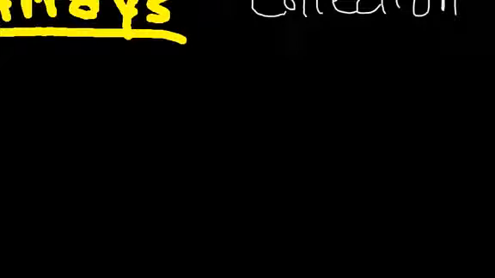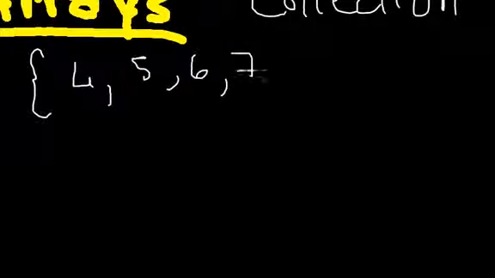Like I said last time, an array is a collection. That's all it is. There's nothing more to it. If you studied math, you would have studied something called set theory. You can have a set of numbers 4, 5, 6, 7, 8.